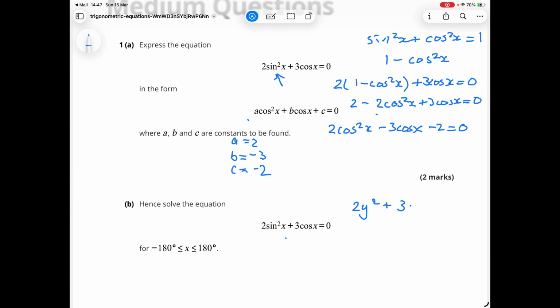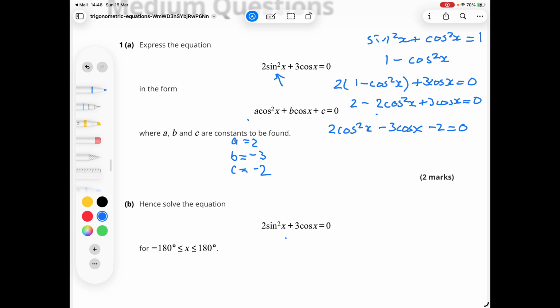Let's just use the things that we've actually got. That's why we do the first bit. So we'll substitute y for cos x, and say 2y squared minus 3y minus 2 equals 0. And now we'll solve it using the fact that minus 4 and plus 1 give minus 3.